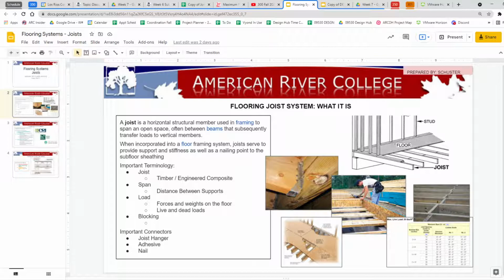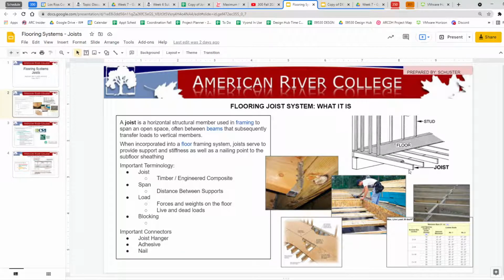So there we go. There's a little bit about a joist floor system, a joist system. It's a bunch of pieces going across. They're horizontal and they're going to support the floor, and you put them at a certain spacing so that your floor doesn't sag in between them.